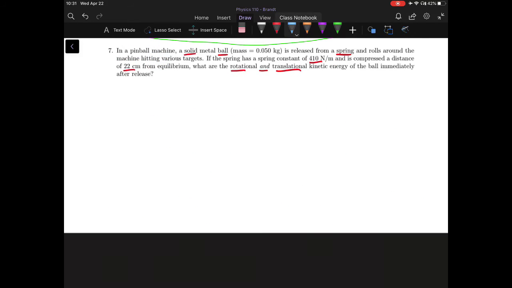Let's start off this problem here with our conservation of energy equation. So we have U gravity plus U spring plus kinetic rotation plus kinetic translation has to equal U gravity plus U spring plus kinetic rotation plus kinetic translational.